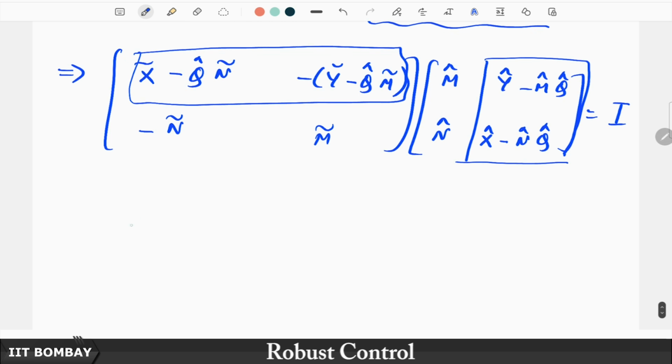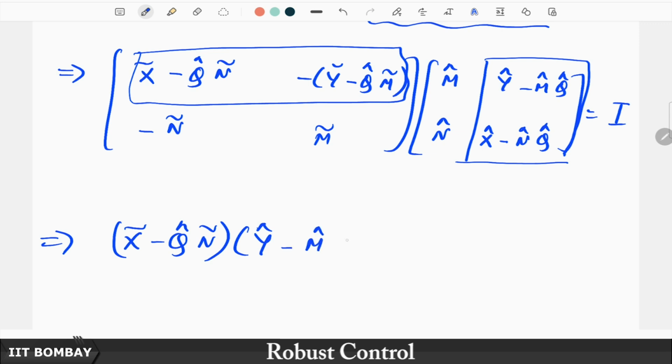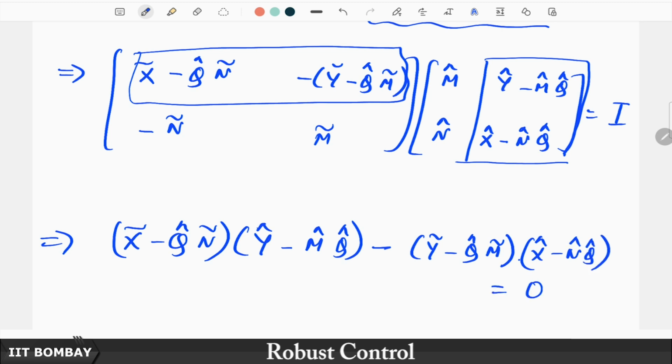It leads me to conclude that x tilde minus q hat n tilde times y hat minus m hat q hat, minus y tilde minus q hat m tilde times x hat minus n hat q hat is equal to 0.